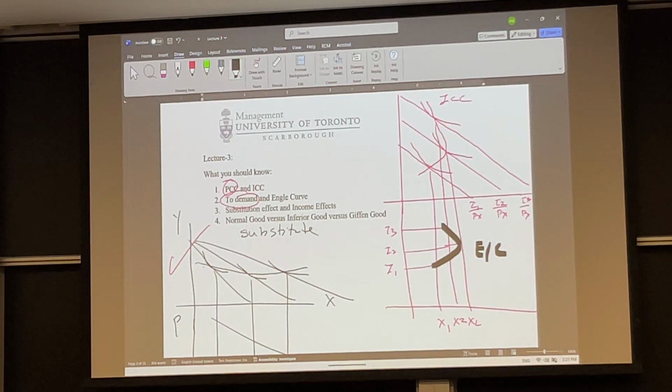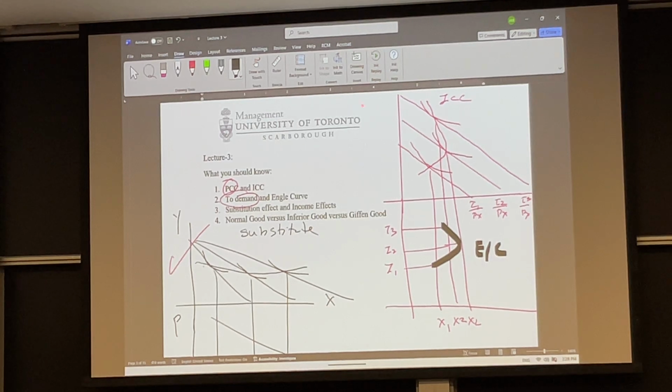The way I graphed it, from here to here, both increase. Both are normal. From here to here, this decreases, that increases. That's inferior, that's normal. Can you graph the ICC in a way that both goods are inferior? Yes or no?